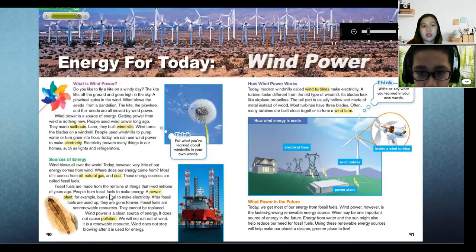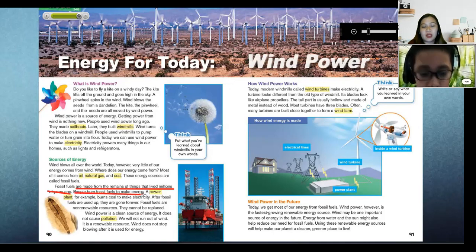Now, what are fossil fuels? Fossil fuels are made from the remains of things that lived millions of years ago. People burn fossil fuels to make energy.